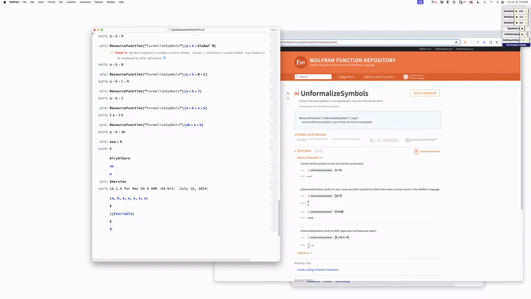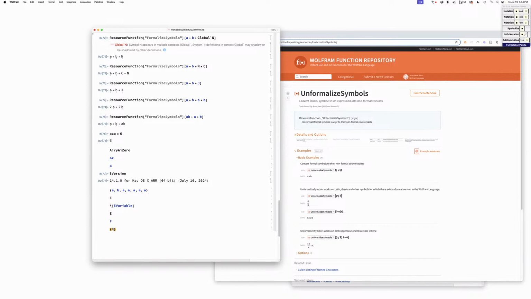Exactly. No, yes, it is. Well, E is black because it's a system symbol, and F as an unknown thing is. I understand, but if I go EF like this, well, that's going to look completely different, right? Right. But let's say I say NF. Yeah.